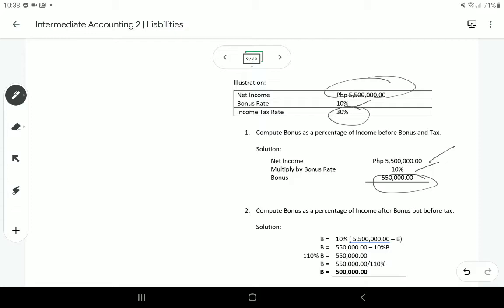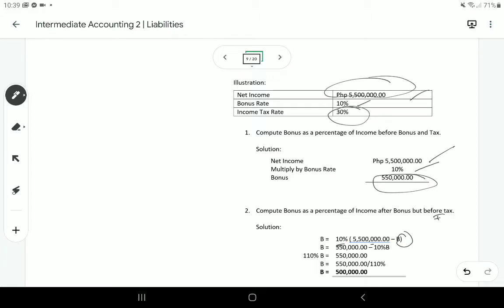So, bonus as a percentage of income after bonus but before tax. So, the formula is 10%, the bonus rate, multiplied by the net income of 5,500,000 minus the bonus. So, kung familiar kayo sa math, we can apply the concept of algebraic expressions, no?